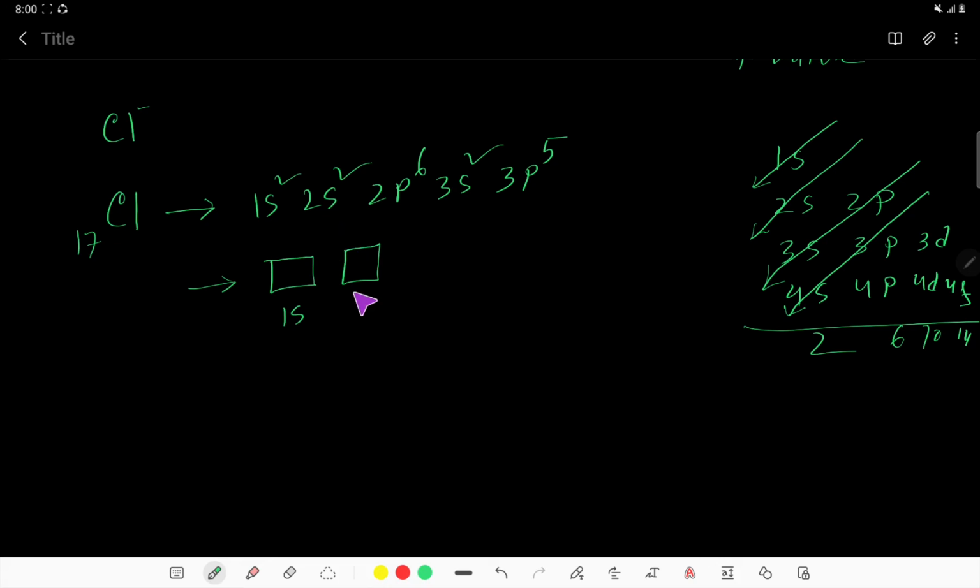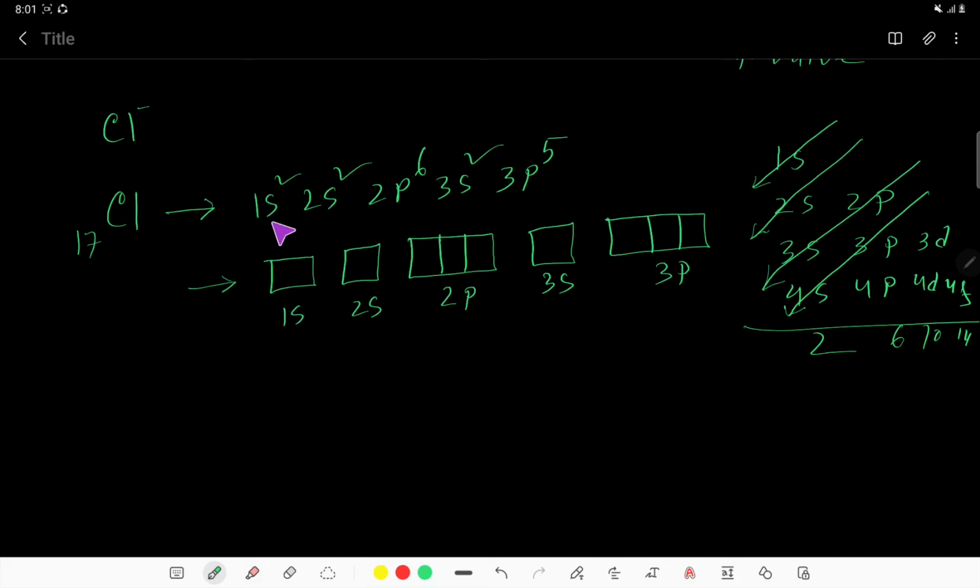This s subshell also has one orbital, so we'll draw one box, and the p subshell has three orbitals, so we'll draw three boxes. Then we'll use one box for 3s, and for 3p we'll use 3 boxes because the p subshell has 3 orbitals.